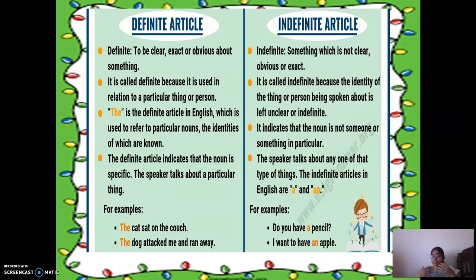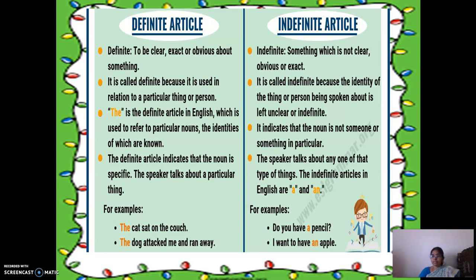It is not at all clear, so it is indefinite. It indicates that the noun is not someone or something in particular. Okay. The speaker talks about any one of that type of thing. The indefinite articles in English are a and an.